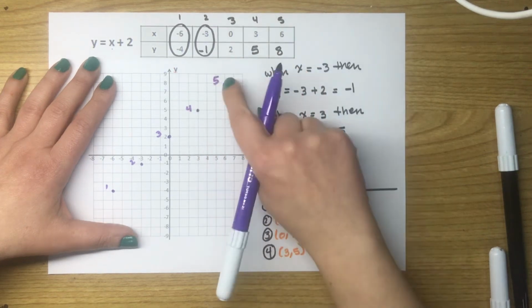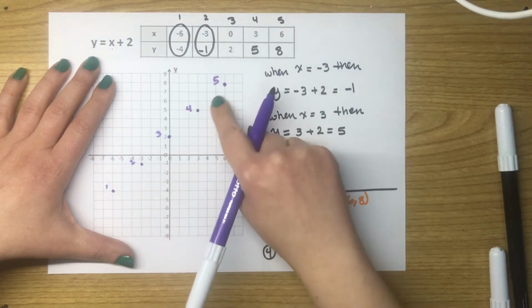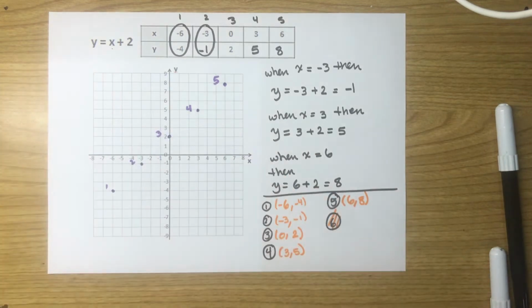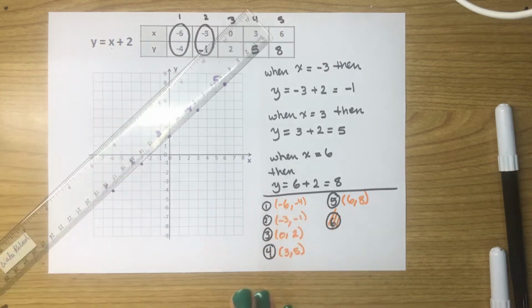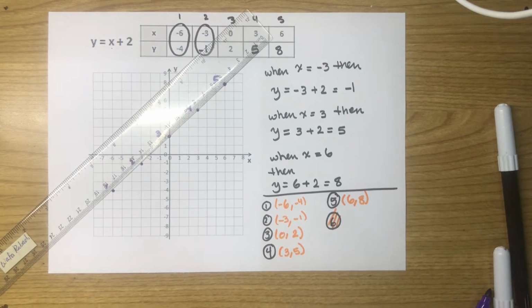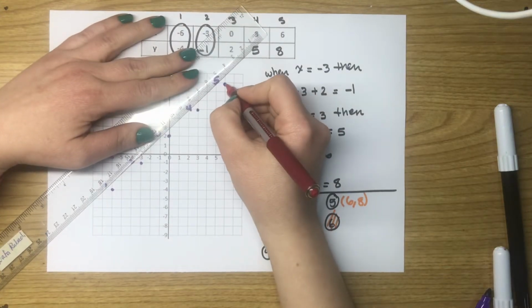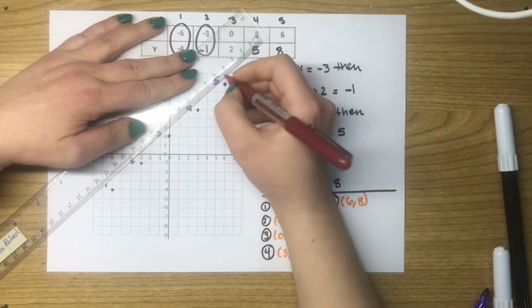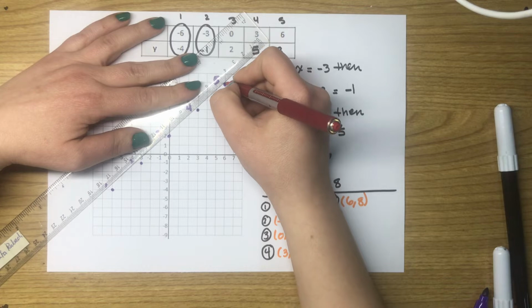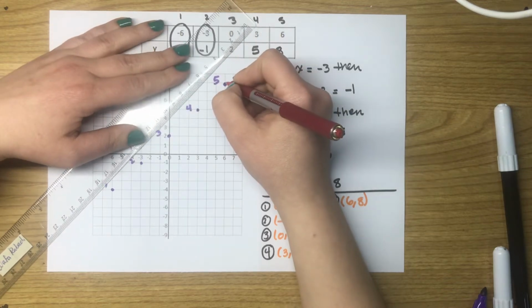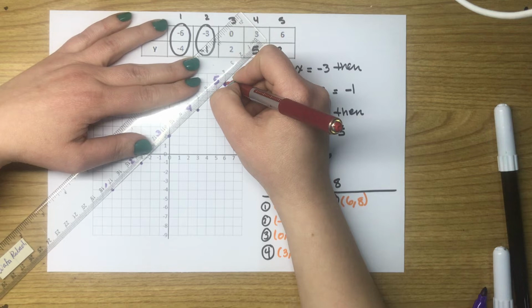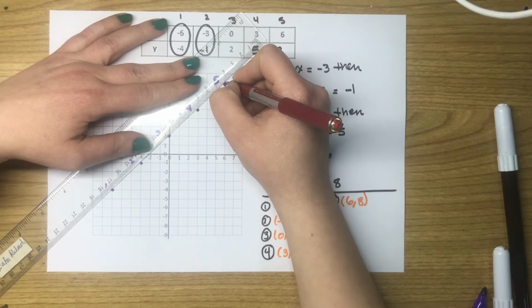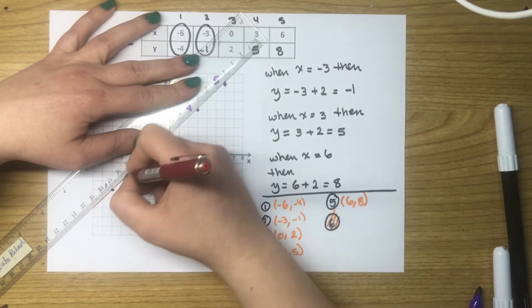Now you have to connect these dots together. Let me bring my ruler. Now you have to connect these dots exactly where they meet the coordinates. Okay, you have to fix the pen first, but then after that fix the ruler to match all of these points and then connect.